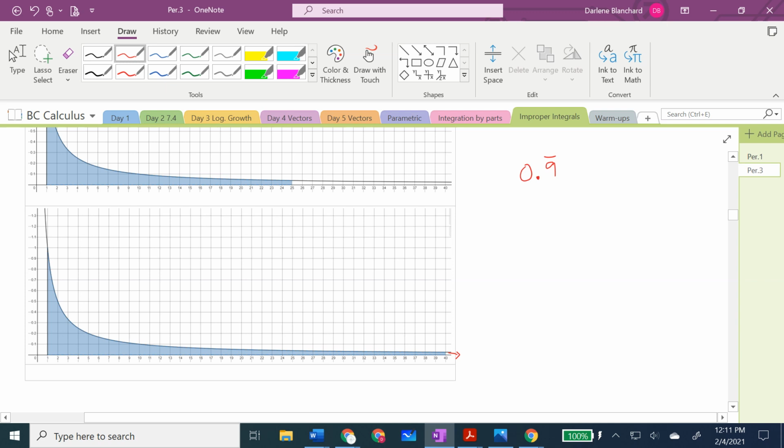I remember when I was a young child, my brother introduced me to this number, and I argued with him incessantly because I wasn't at an age where I could understand what infinity meant. My argument to why this should not be equal to 1 was no matter how many, there has to be some 0.00000000001 missing.